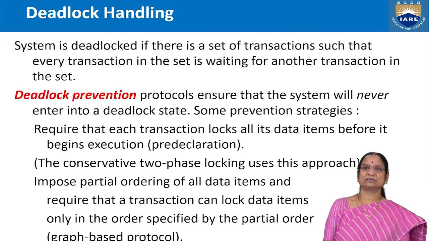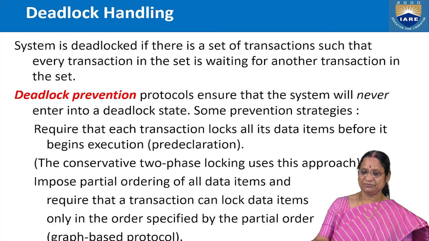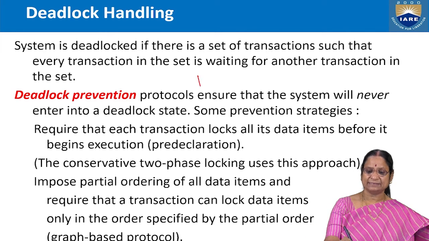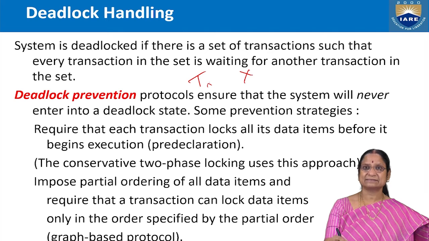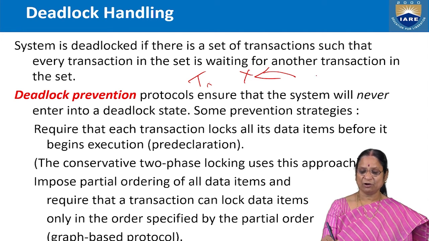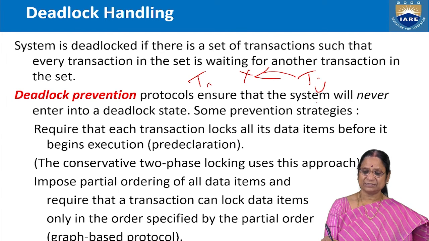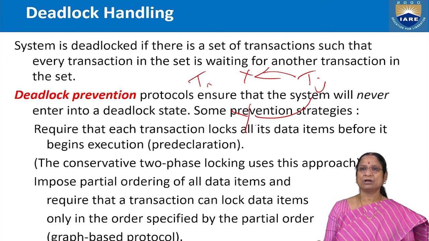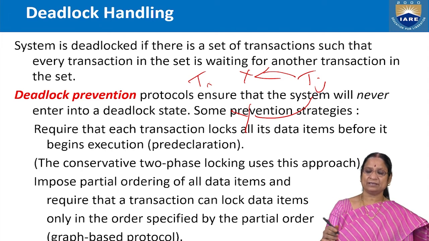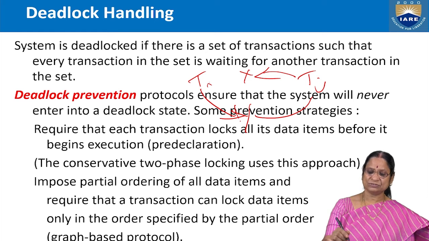What is a deadlock? For example, a transaction Ti is waiting for an item X, which has already been locked by Tj. Another transaction, Tj, is waiting for a lock on Y, which was already obtained as an exclusive lock by Ti.